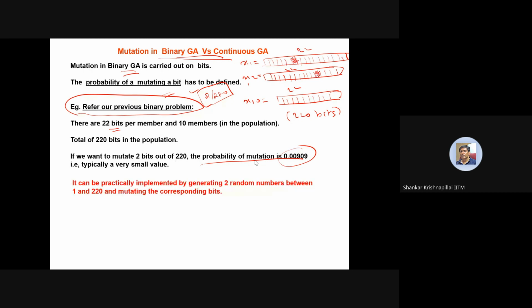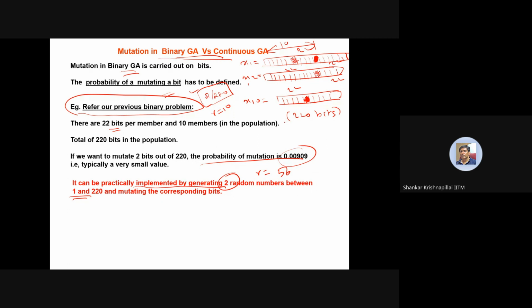It can be implemented by generating 2 random numbers between 1 and 220 and mutating the corresponding bits. First you generate a random number equal to 10, so you mutate the 10th bit from the starting bit. This is the 10th bit. Next you generate R equal to 56. R equal to 56 means, since this is 22, 22, 44, that 56 may be somewhere here.